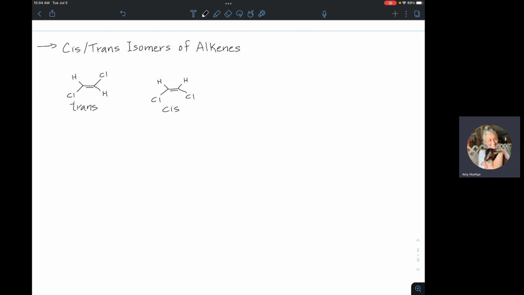But what happens when you have more than two different groups on the double bond, right? So what happens if one carbon has like a methyl group and a chloro group and the other has like just a methyl group or whatever, right? So what if you have like a combination of different functionality? Then it's not just simply a cis-trans isomer anymore, because now you're like, well, which groups are you talking about, right?